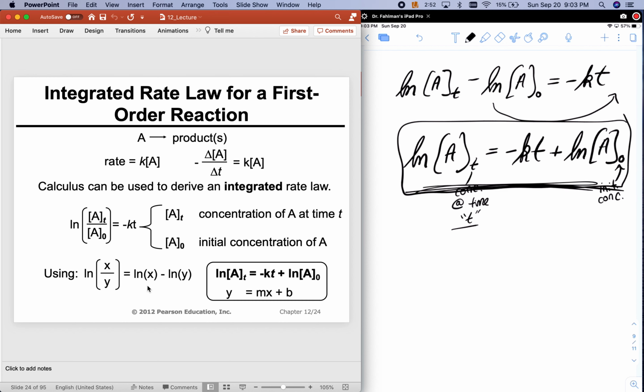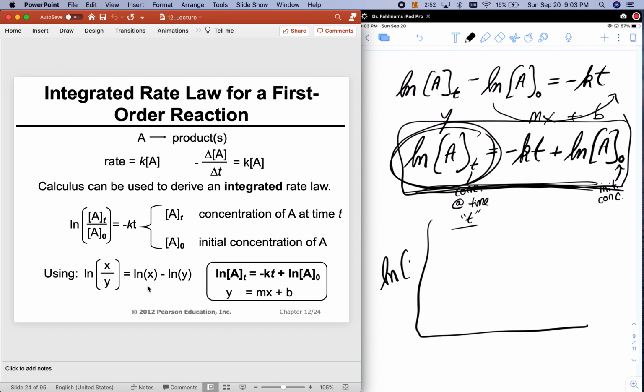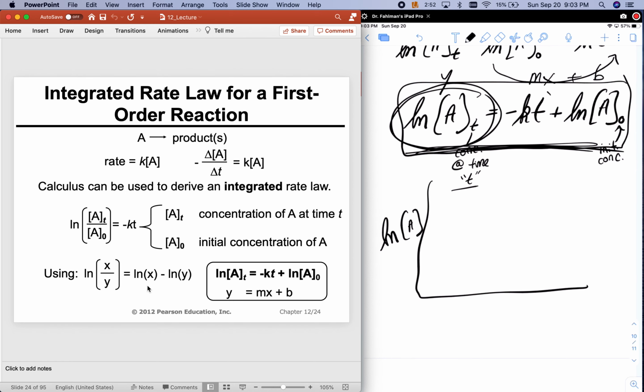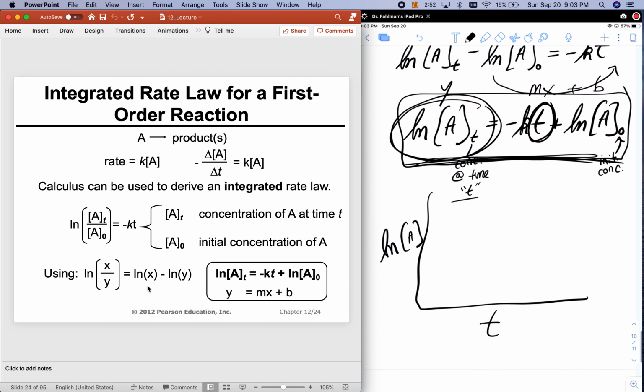Does everybody see, when we're plotting things, we could say y is equal to mx plus b. Your y-axis would be natural log of your concentration of A versus t, your time, and you're going to get a negative slope.